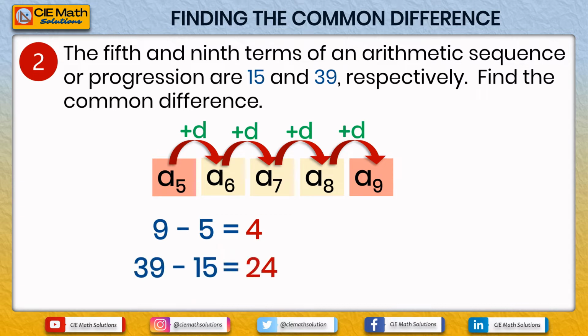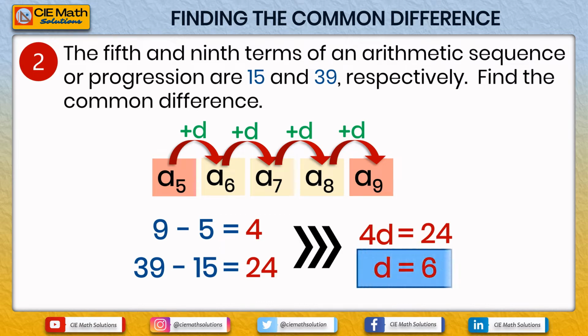The difference is equal to 24. This means that there are 4 d's added from A5 to A9, which is equal to 24. Dividing both sides by 4, we will then have d is equal to 6. The common difference of this arithmetic sequence is equal to 6.